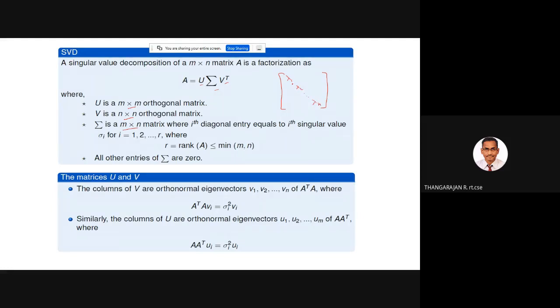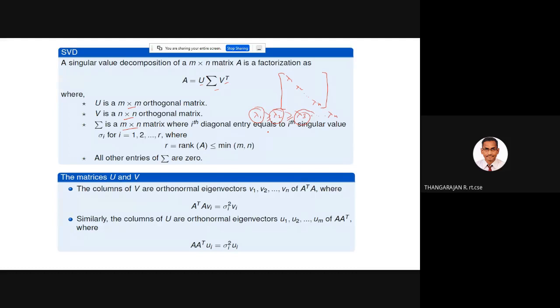Lambda 1 will be greater than or equal to lambda 2, lambda 2 greater than or equal to lambda 3, like that. Which means lambda 1 is the dominant eigenvalue, the second dominant is lambda 2, and the third is lambda 3.